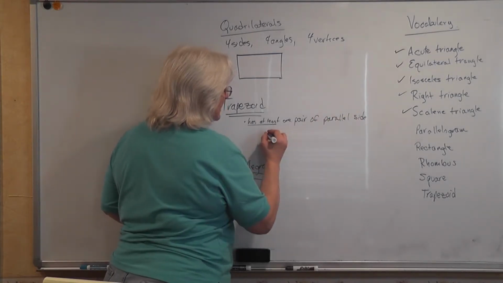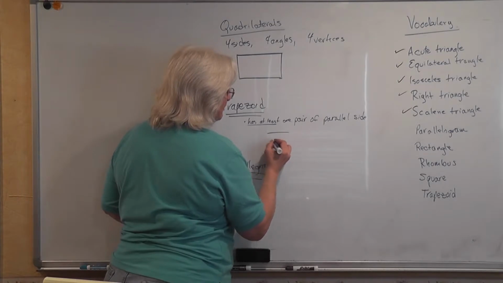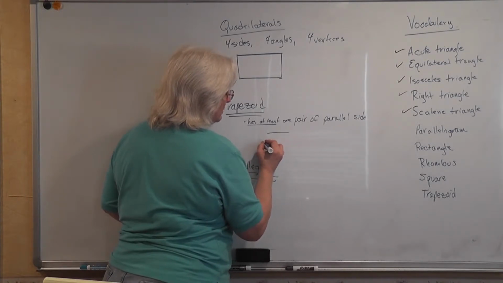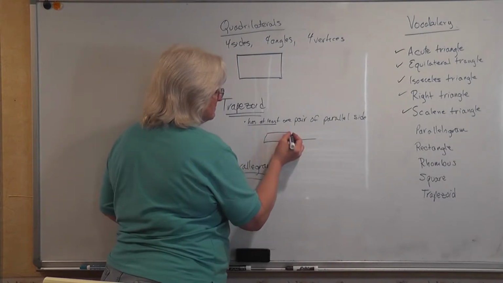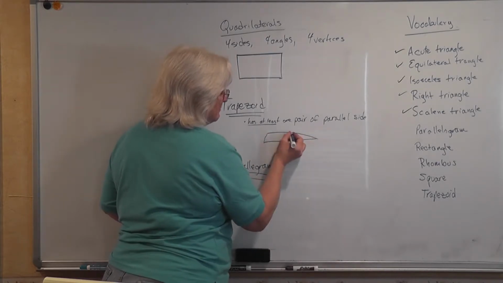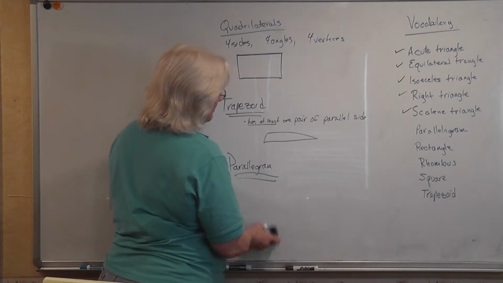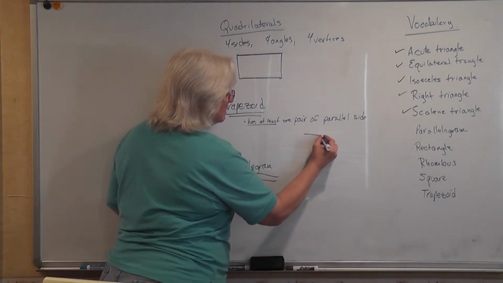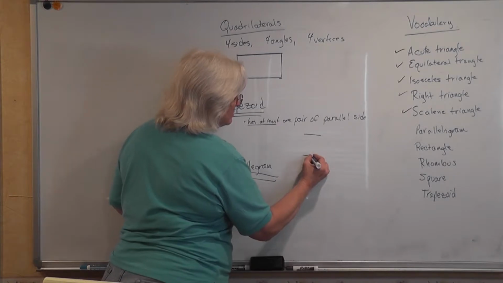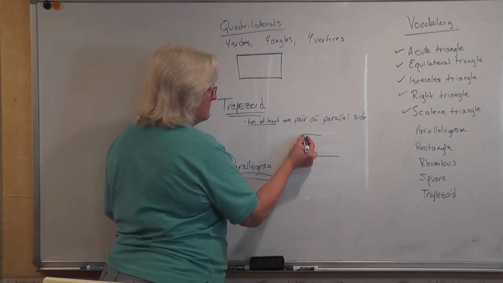Now a good classic example that we have is going to look like this. We have four sides, and that's actually a very bad drawing. Let me see if I can do a better one for you. These two lines here are parallel.